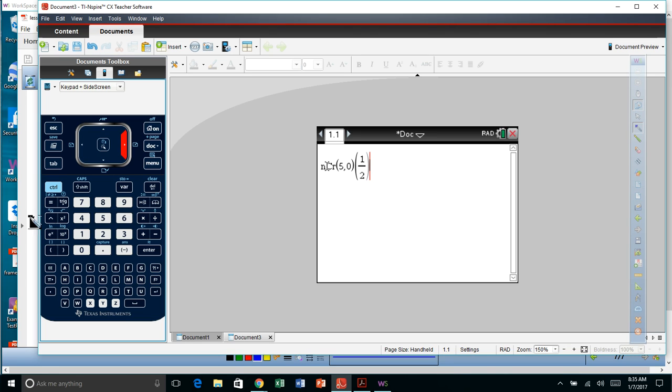Caret 0 times open parentheses 1, control, divide, 2, close parentheses, caret 5. 1 over 32.